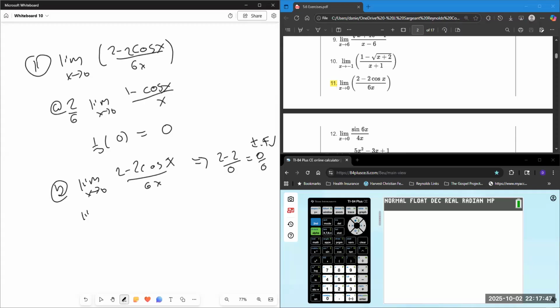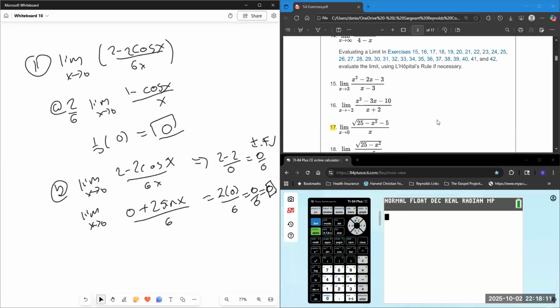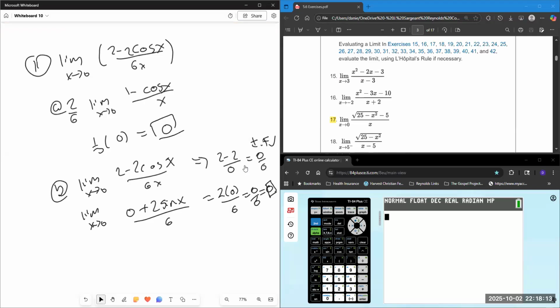So limit as x goes to 0 of (0 plus 2 sine x) over 6 is 2 times 0 over 6, which is 0 over 6, which is 0. And that's the same answer for both parts. Let's go ahead and look at number 17 now.